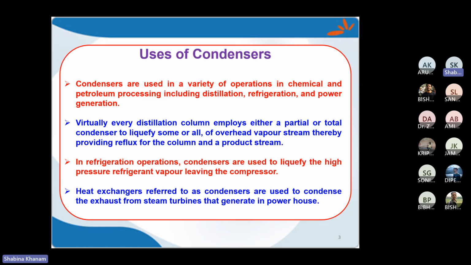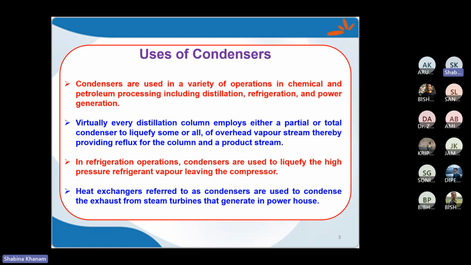We cannot directly put the exhaust of the turbine through pump, because it is a mixture of vapor as well as liquid. So the exhaust of the steam turbine should pass through condenser, and then through pump, and then preheater, reboiler and all that.